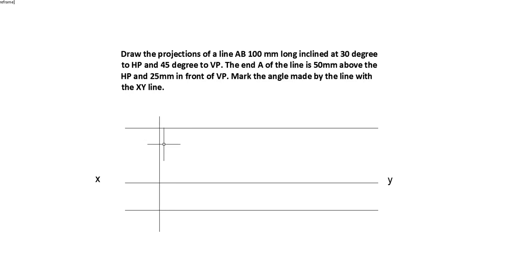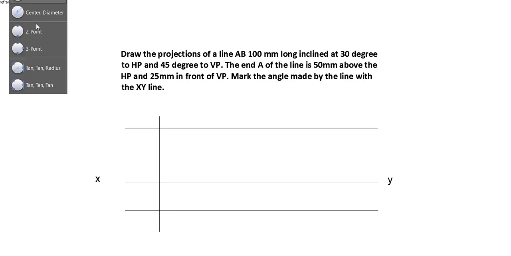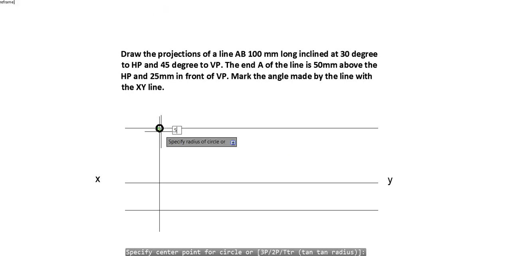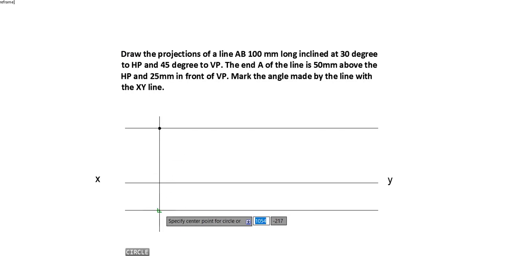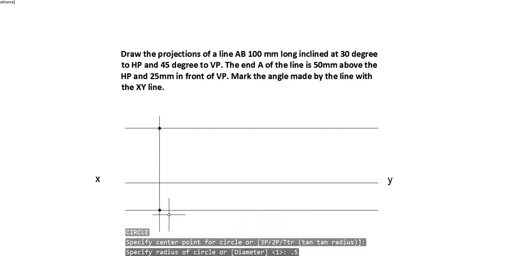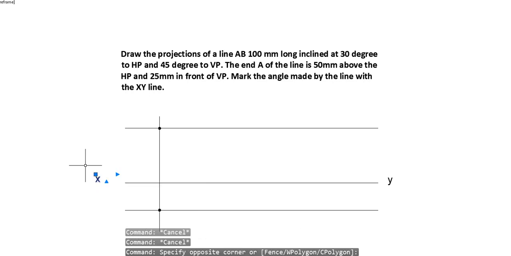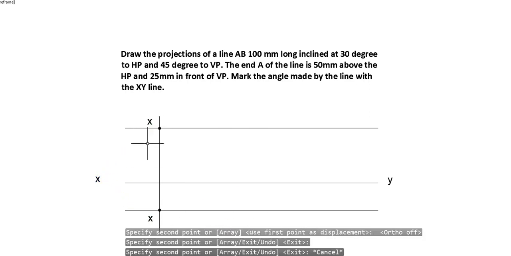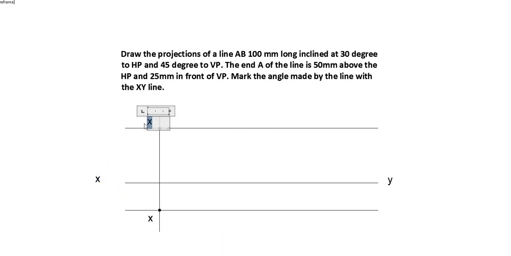Okay, so the first step in solving this question is to draw the location of the point. This is A dash because it is the front view, and this is the top view A.